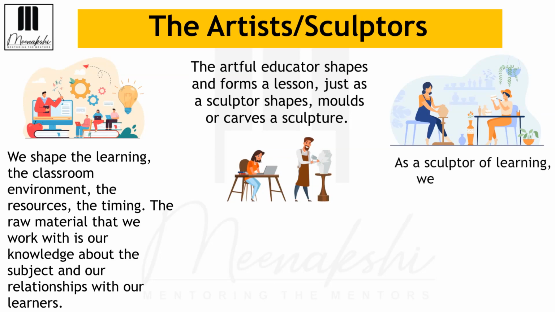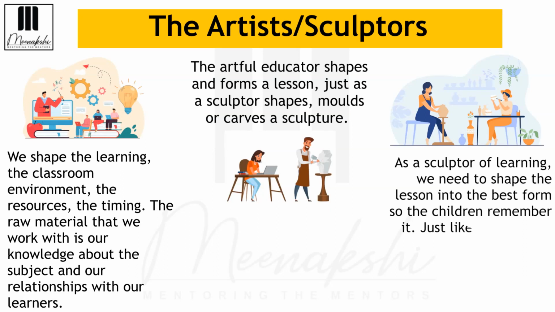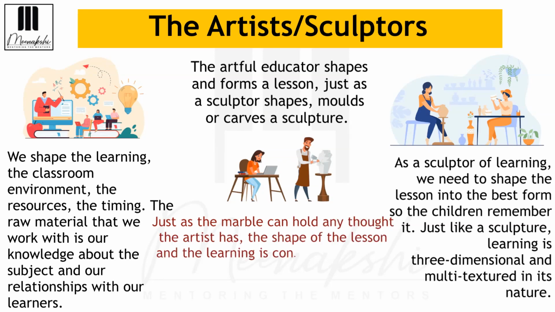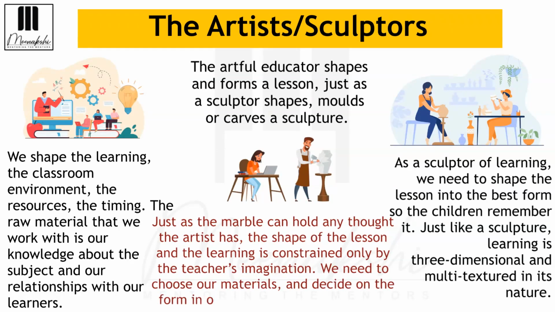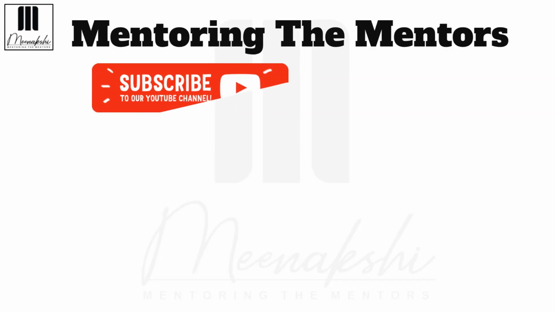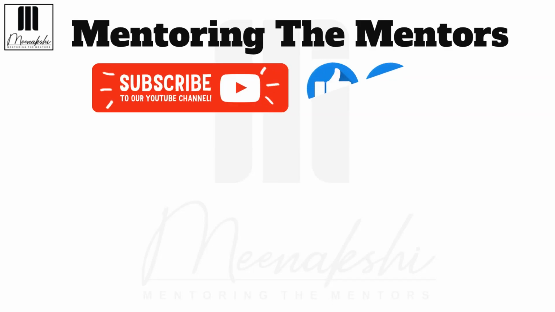My lovely educator, as a sculptor of learning, we need to shape the lesson into the best form so that children remember it forever and are able to connect with real life. Just as a marble can hold any thought the artist has, the shape of the lesson in the learning is constrained only by the teacher's imagination.